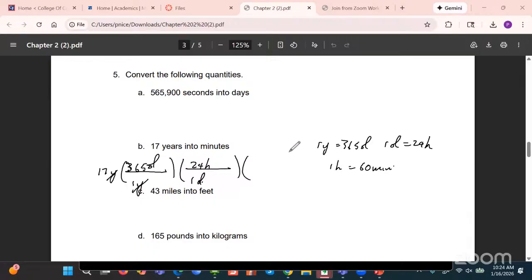And then what's the next conversion factor? 60 minutes above and 1 hour below. So the days unit cancels out, the hour units cancel out. So the only unit remaining would be the minute unit.